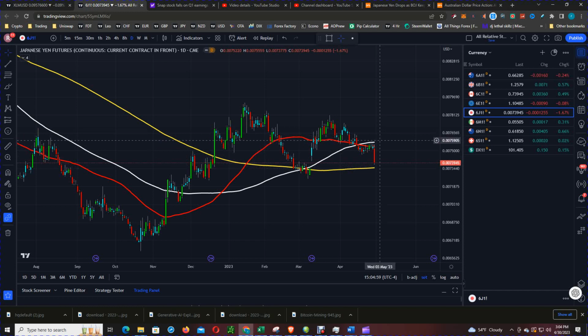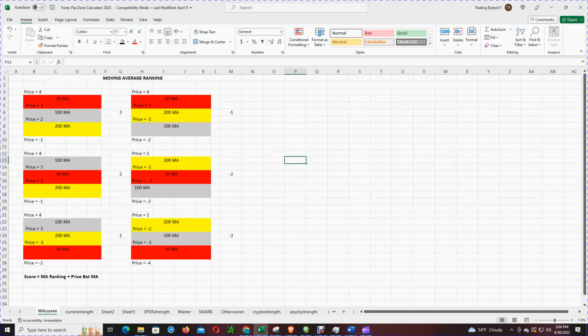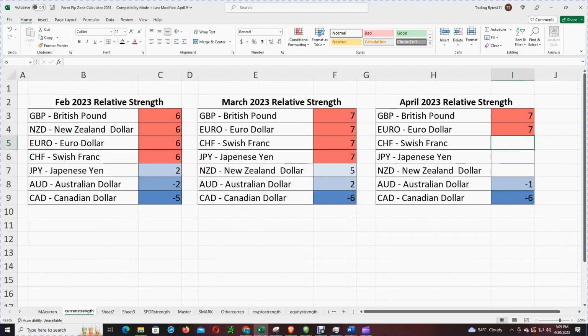All right, so white, red, yellow. Price is between the 200 and the 50. So that's a negative. That's a 2 plus 2. That's 4. So we'll give that a 4.